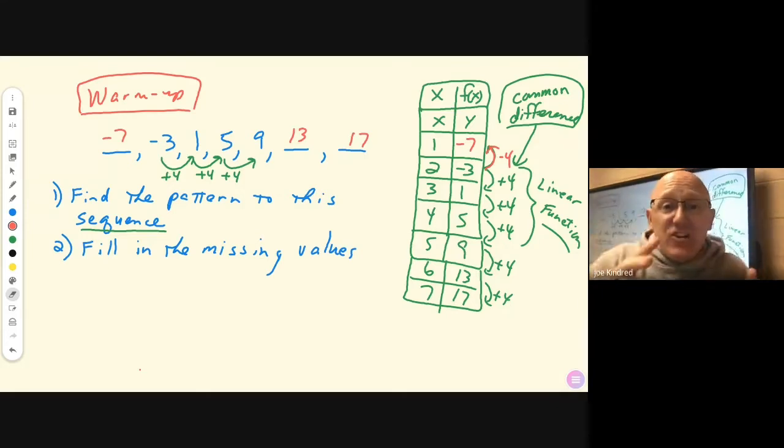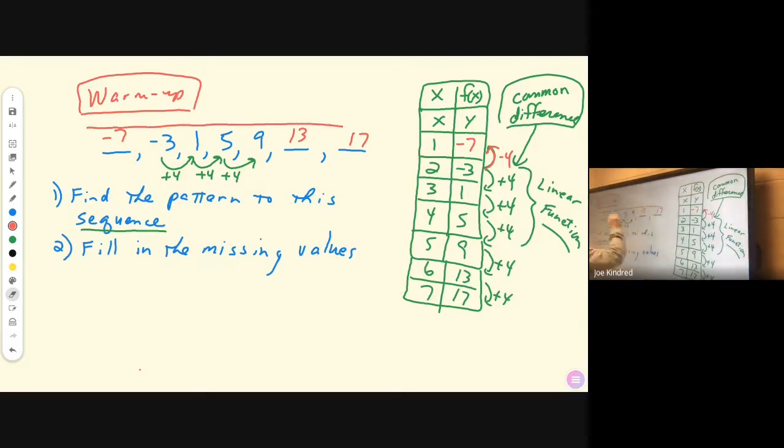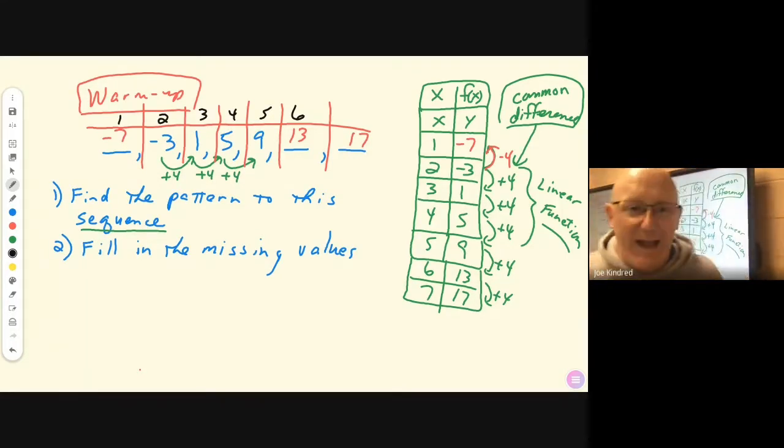The connection to previous knowledge is the table on the right that we should be familiar with. One little trick is to make your own table: this is the first term, second, third, fourth, fifth, and sixth. That's another way of looking at it.